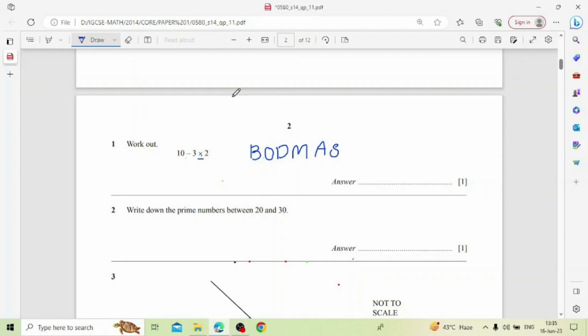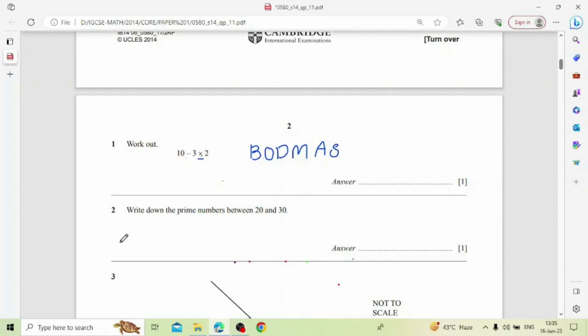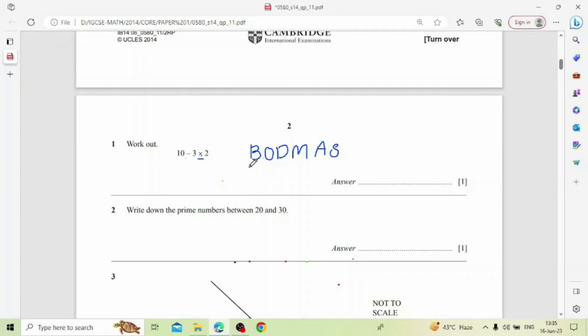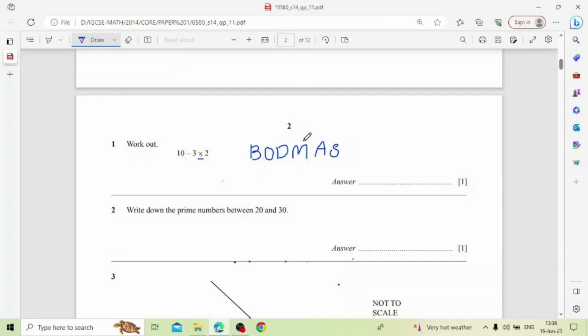As you know, this is for the order and the priority of the operations or the calculations. So bracket of, if you have any bracket, you will solve it first, and O for order. If you have any number having root or any kind of power of, those numbers will be done next. Then comes division, then multiplication, then addition, then subtraction.